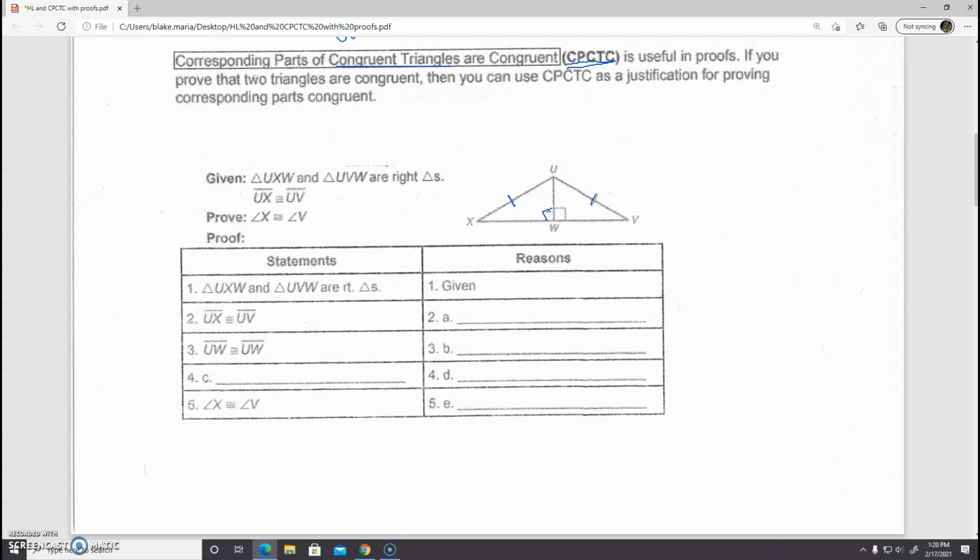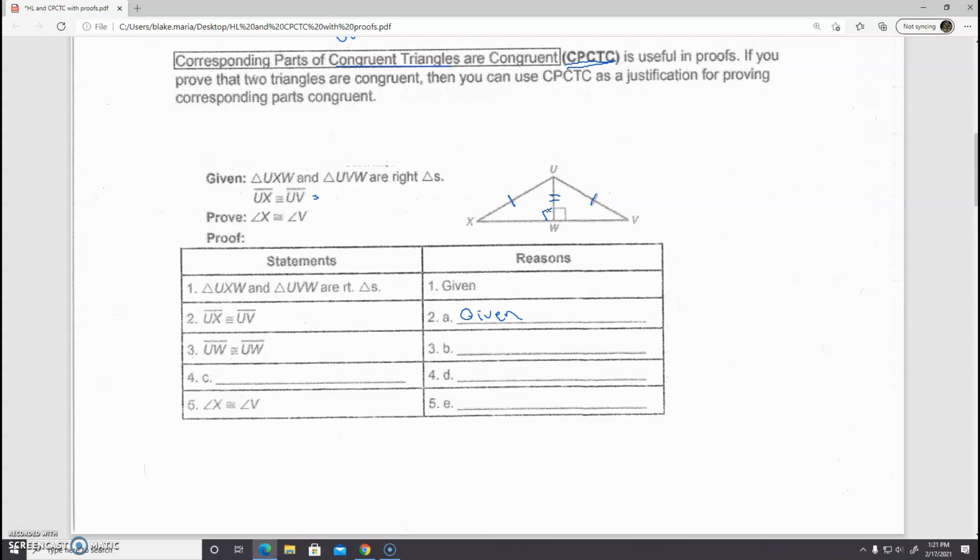So first one was given. UX is congruent to UV. Again, that was given. So you always start off with your givens usually. And then the next step says UW is congruent to itself. Well, again, what it's trying to say is UW in this triangle is congruent to UW in this triangle.